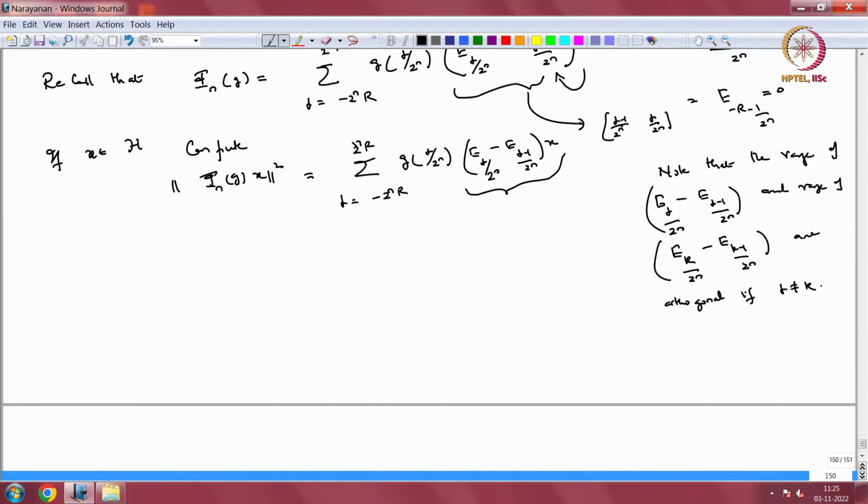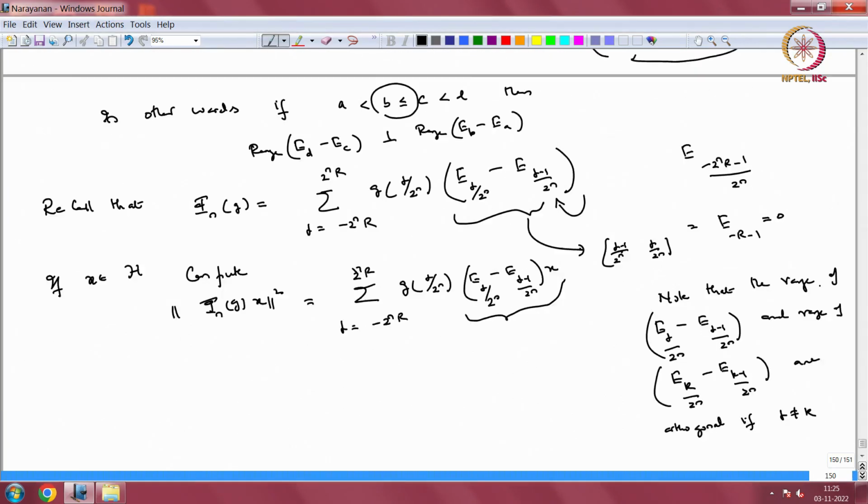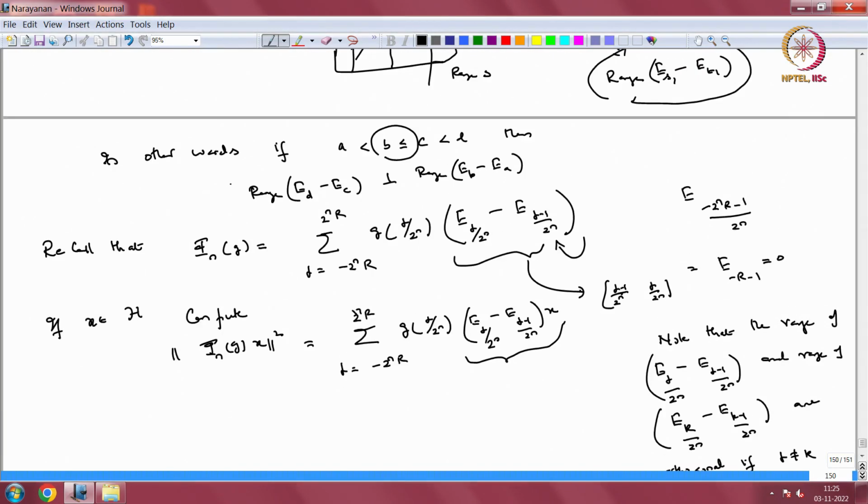If j is not equal to k, these two intervals are disjoint. At the most they can agree at one endpoint, but then we have already seen that the projections coming from two such intervals would be orthogonal to each other.